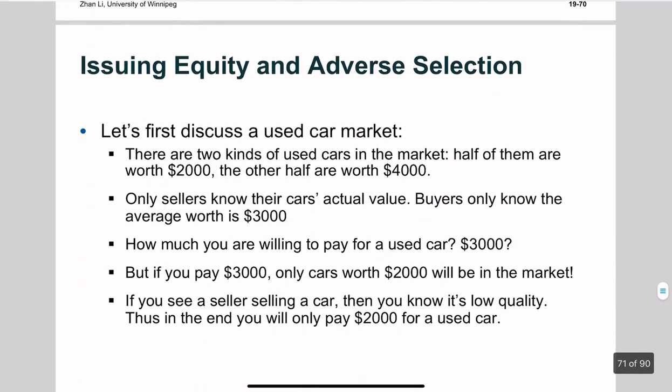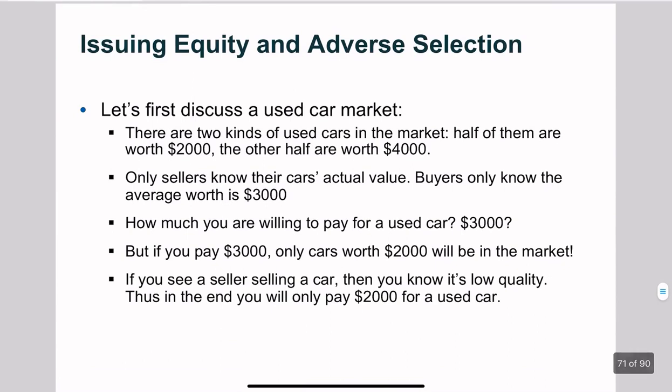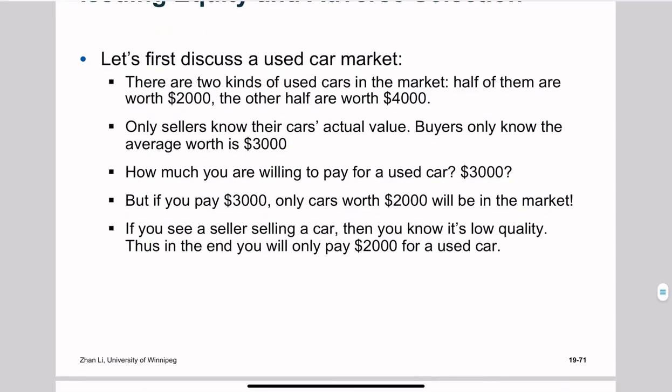Okay, now let's talk about adverse selection. So the second type of theory is using this adverse selection to explain why equity is underpriced. So let's first start with a real life example. Let's talk about a used car market.